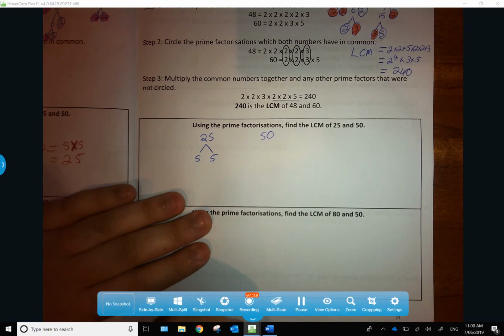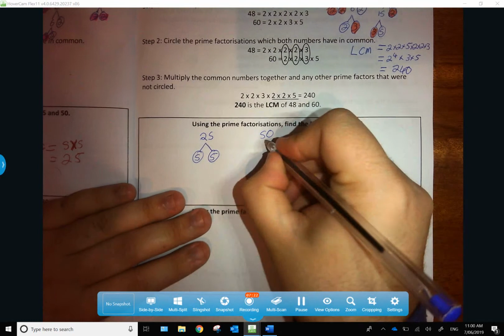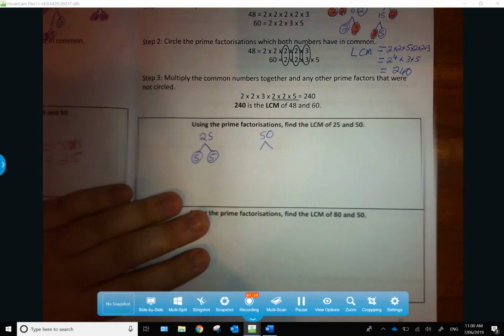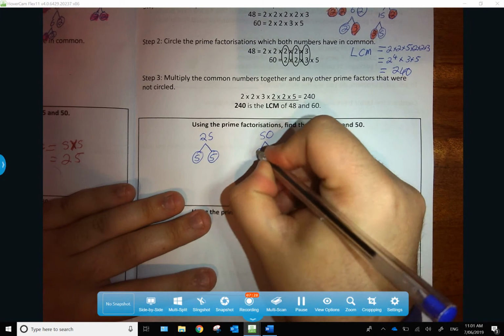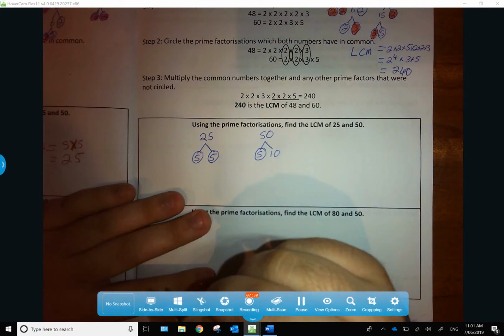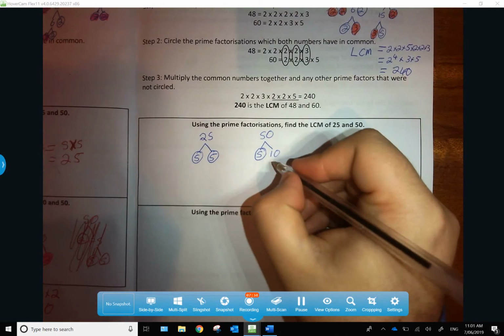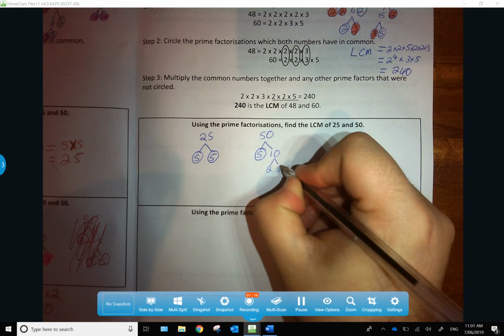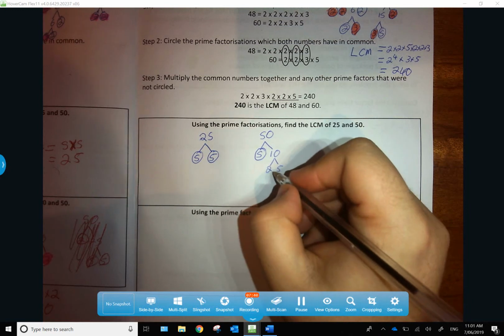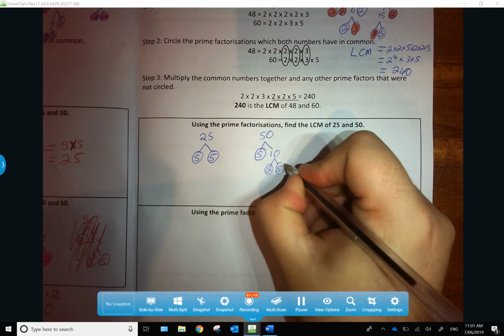Okay. Is 5 prime? Yes, it's prime, so I stop there. What about 50? Well, 50 is the same as 5 times 10. I know 5 is a prime number. What about 10? Can I break that up? Yeah, I could break that up into a 2 times 5, because 2 times 5 is 10. Are those numbers prime? Yes, 2 is prime and 5 is prime, because I can't split that anymore.